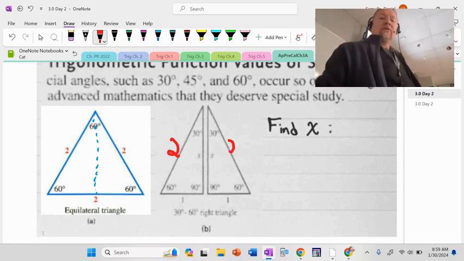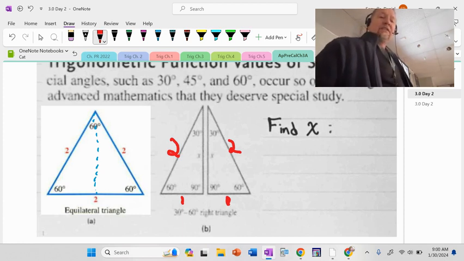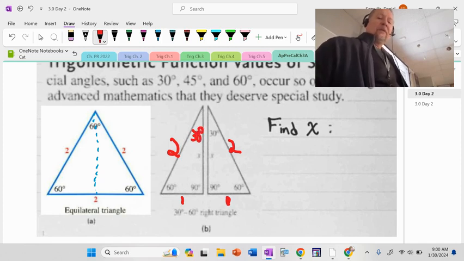And then there is a theorem that says when I drop an altitude in an equilateral triangle, it bisects that opposite side. So those are ones, right? Pretty reasonable. But then also it changes these two angles, bisecting 60 to be a 30. So now what I have is a classic 60, 30, 90 right triangle.